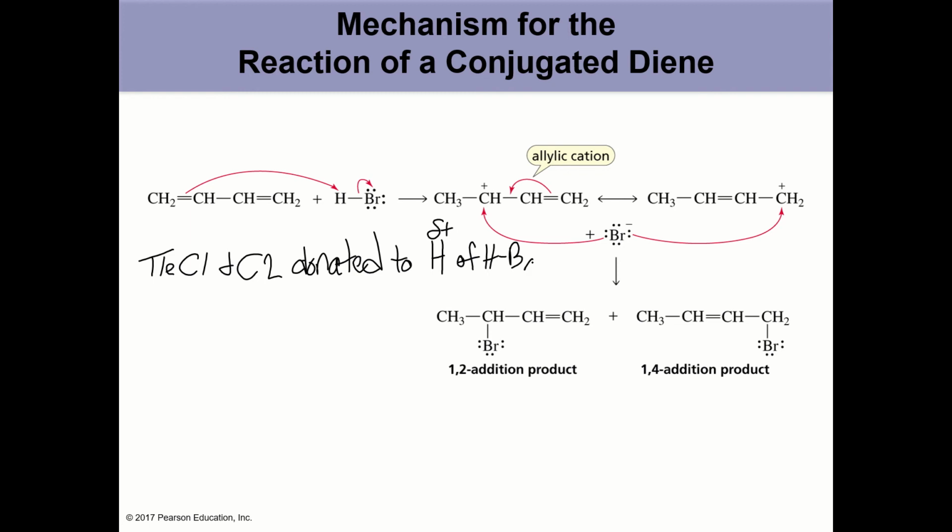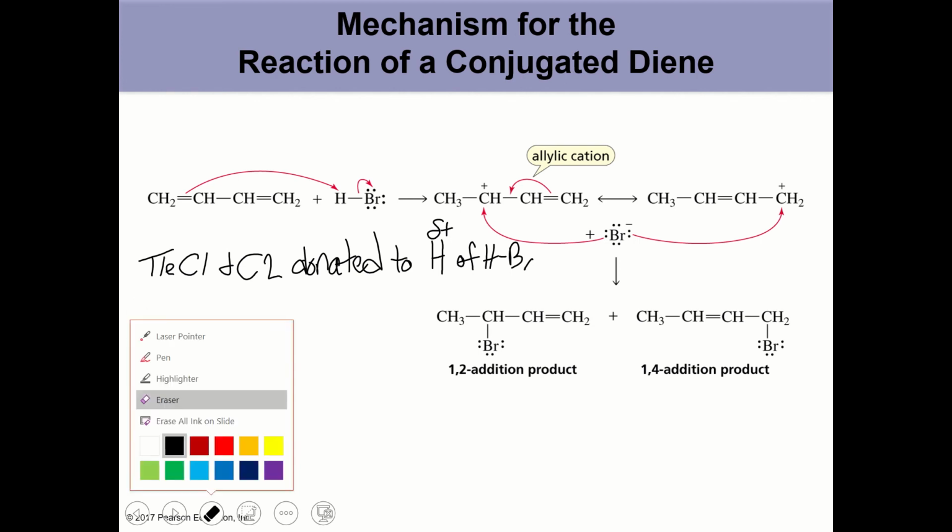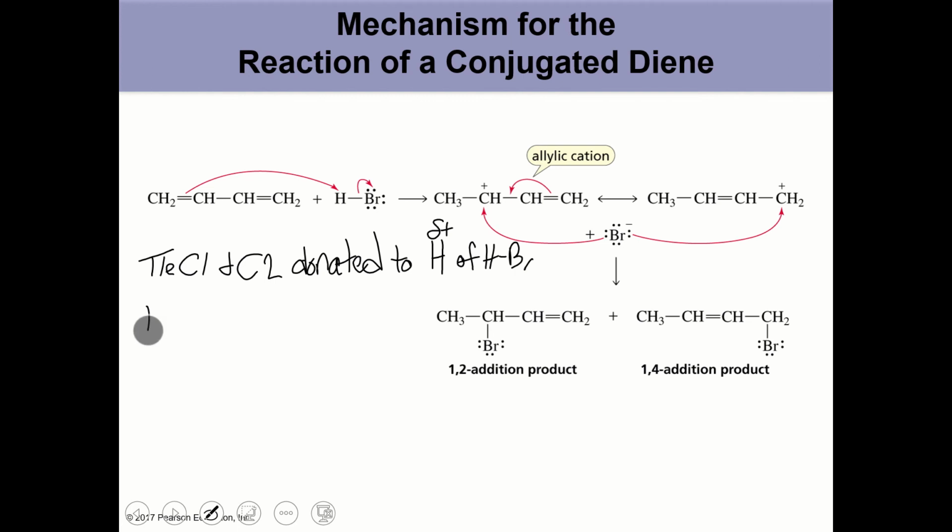And so you have to show that the sigma electrons, or I could say the HBr sigma electrons, move to a lone pair on bromine.